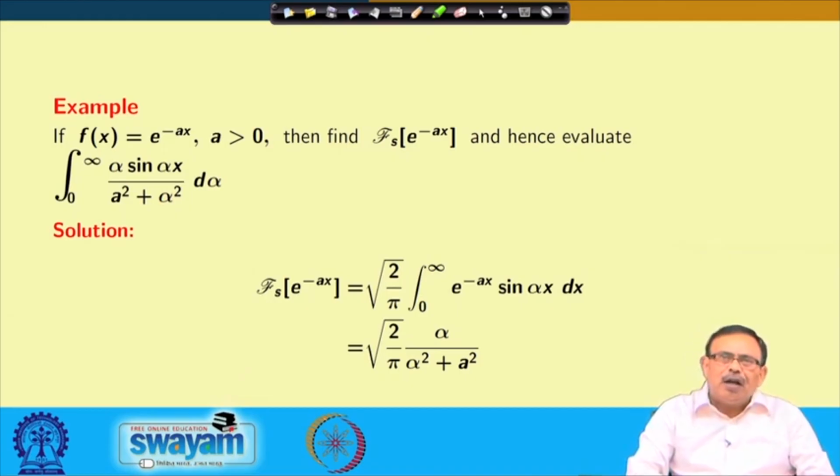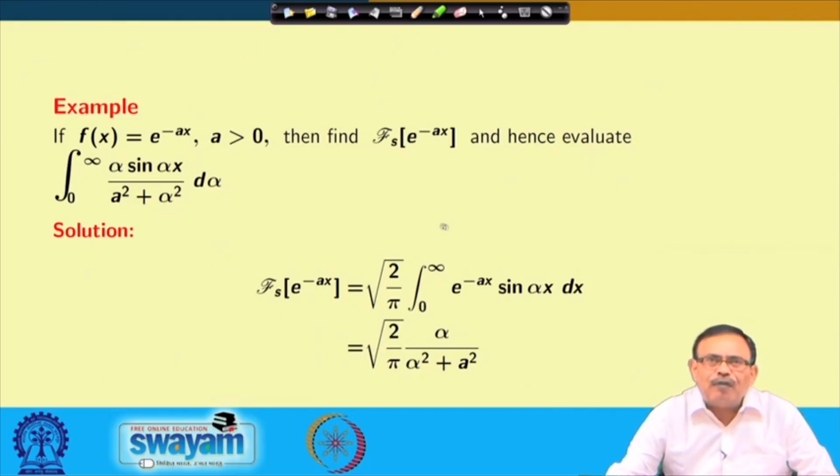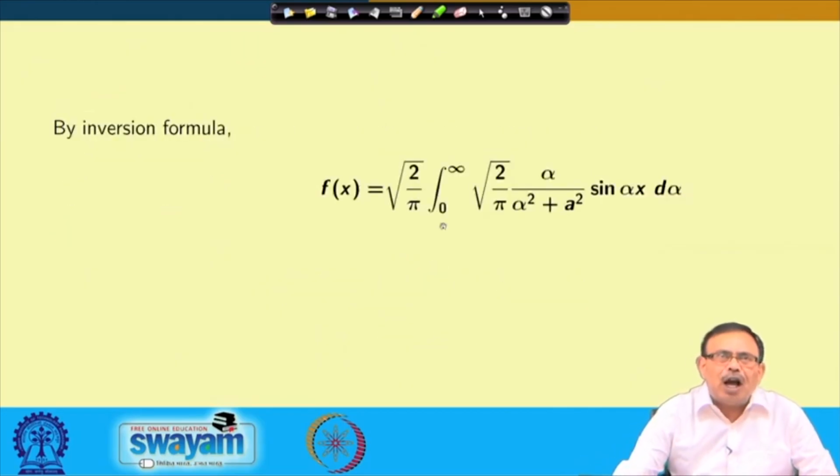As I repeated earlier, we have solved this problem earlier, so please go through that lecture if you have forgotten. Once I obtain that, by the inversion formula I can write f(x) equals root over 2 by pi integral 0 to infinity root over 2 by pi alpha by alpha square plus a square into sine of alpha x d alpha.